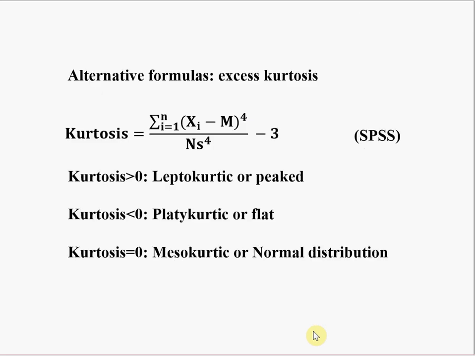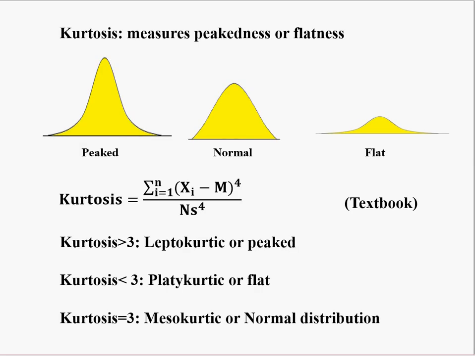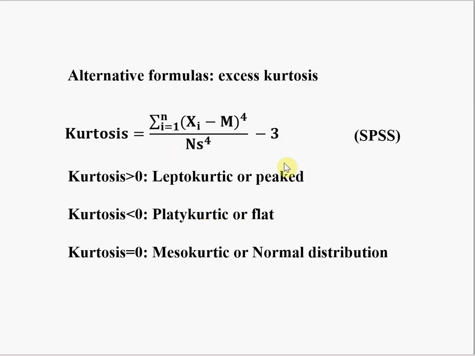Okay. An alternative formula is this. It's called the excess kurtosis formula. This formula is almost the same as the previous formula, except that it is the same formula minus 3. So that would make it, if this index number is larger than 0, peaked; if negative, smaller than 0, flat.